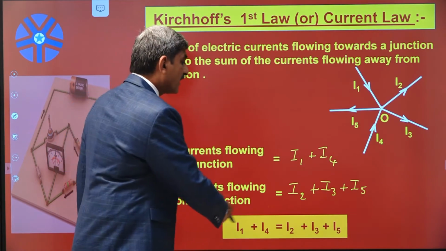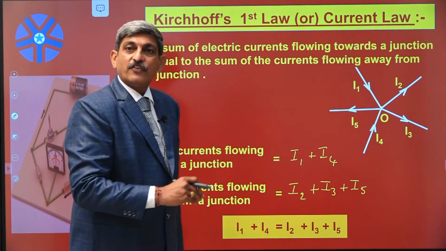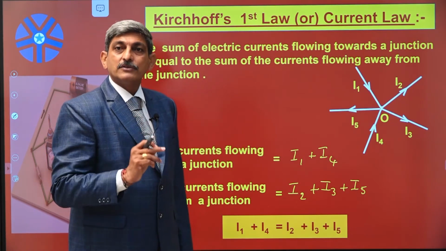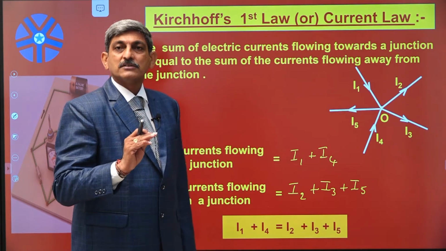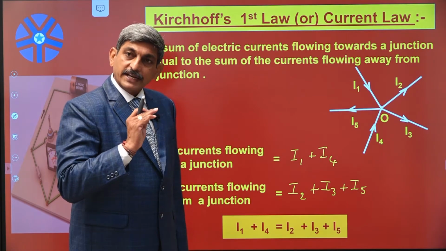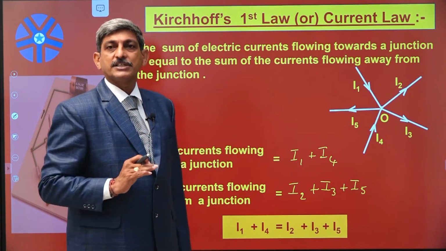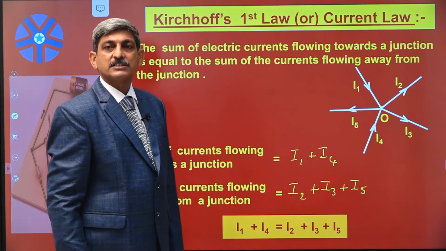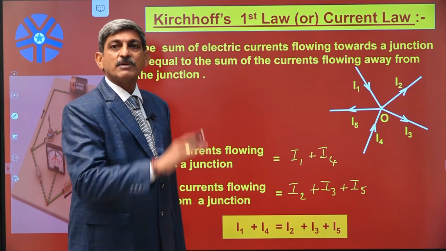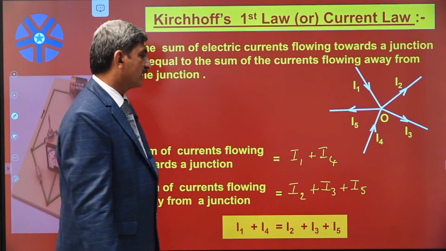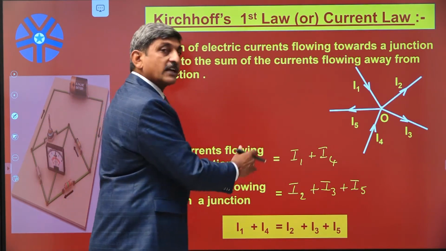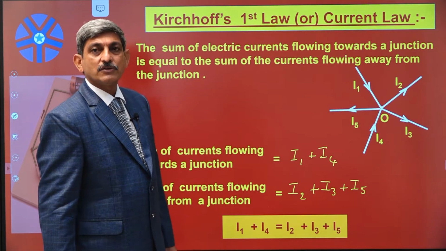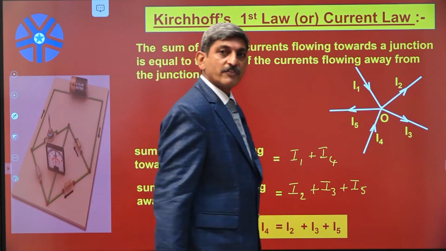Remember, it is not the mathematical form in all cases. Depending upon I1, I2, I3, I4 and so on, by taking their directions into consideration, first we have to calculate the sum of the currents flowing towards the junction, then the sum of the currents flowing away from the junction, and finally equate the two.